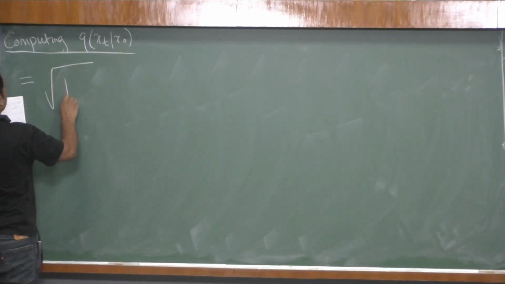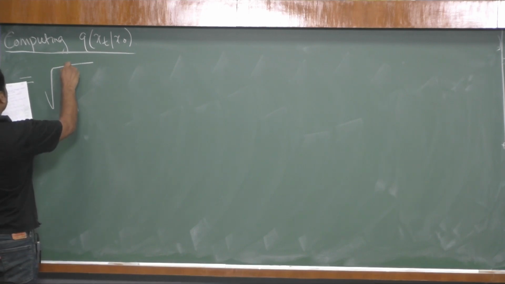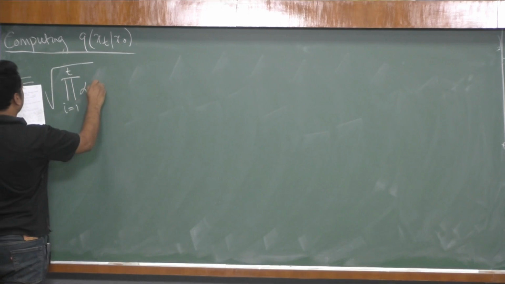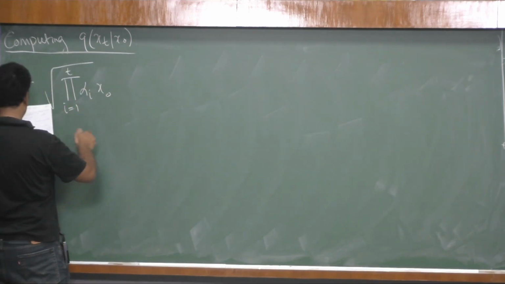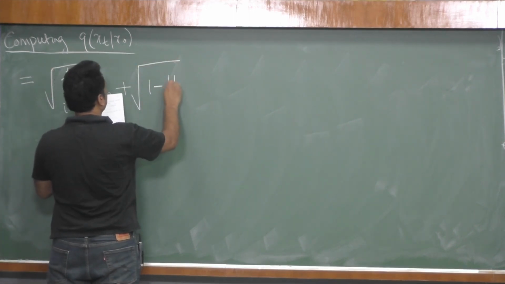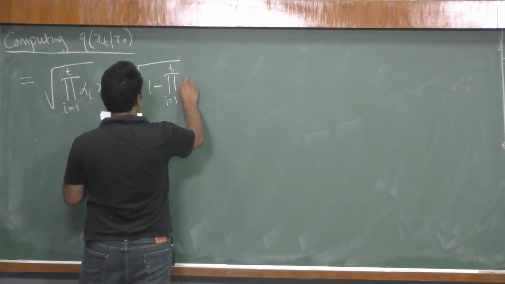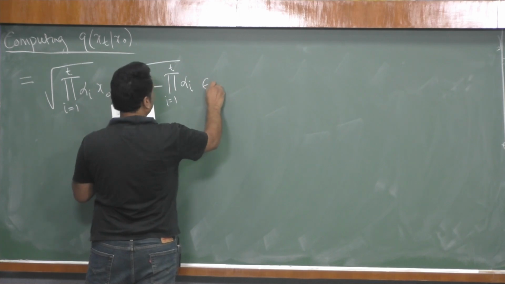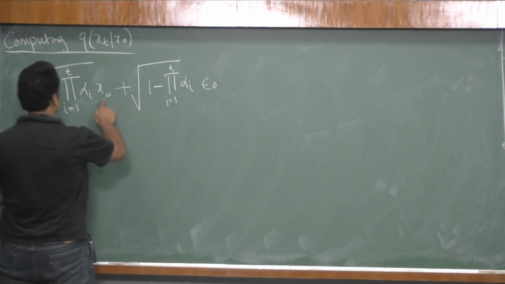So if we continue this, then we end up with the square root of the product of i equal 1 to t of alpha i, times x naught. This product is only for the alpha i, okay, and then plus the square root of 1 minus the product of i equal 1 to t of alpha i, times epsilon naught. Continuing then we get this, and epsilon naught is outside, and this x naught is outside.